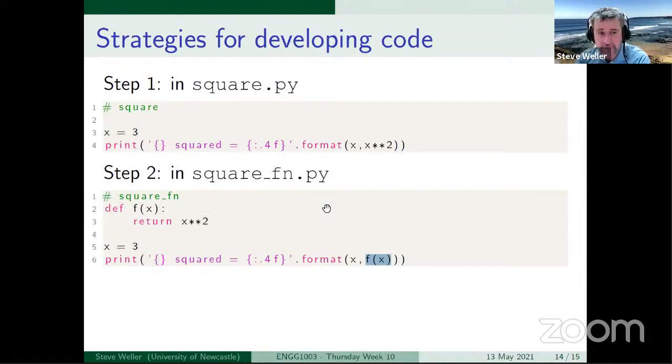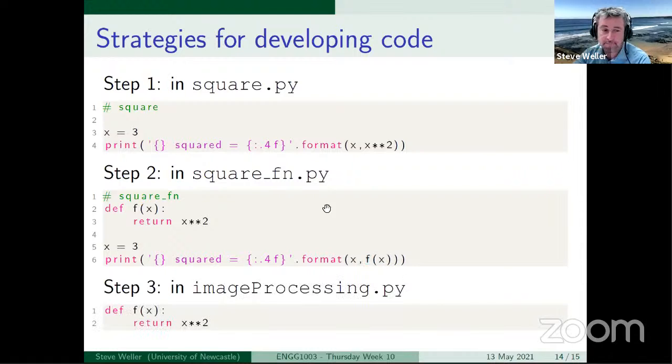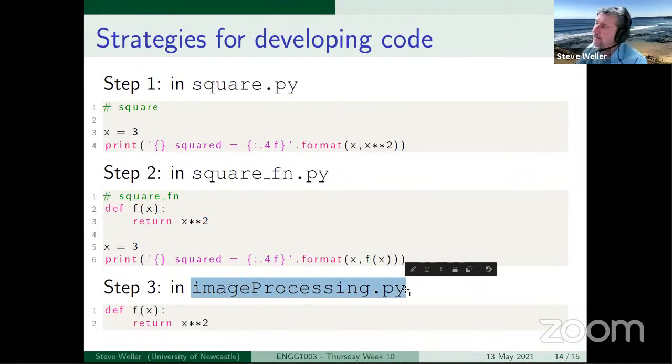And when that code is ready and tested and debugged, and you're happy that it's right, step 3 is really simple. You simply cut and paste, or copy and paste, the code from your function definition and pop it into image processing.py that you're going to upload to Blackboard.